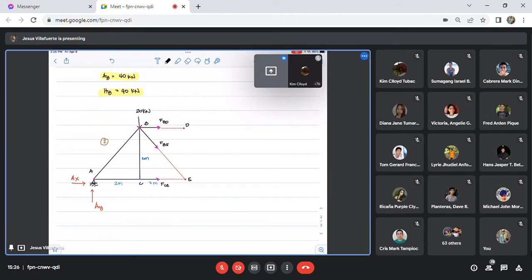At B. Okay? Judiel said that we can take summation of moments at point B. If we take summation at point B, then members BD and BE are connected at point B, right?